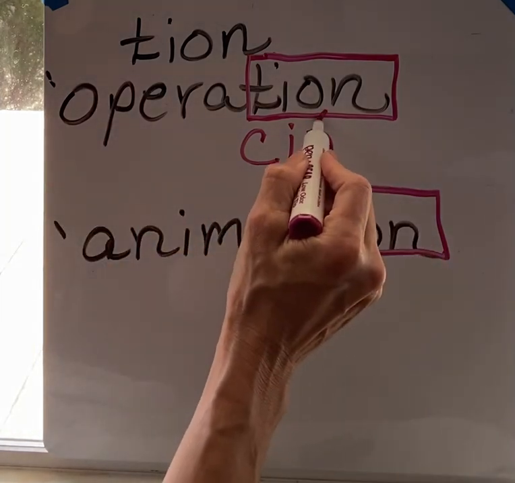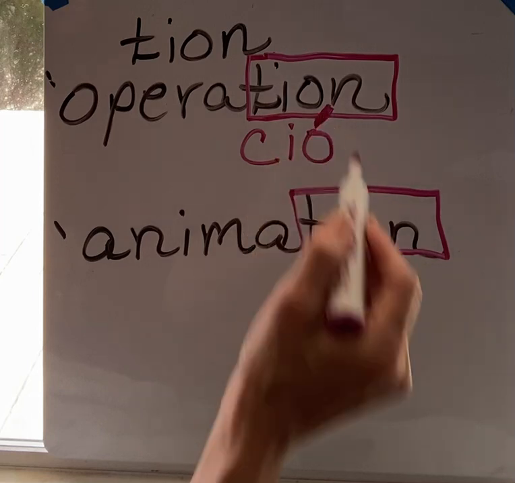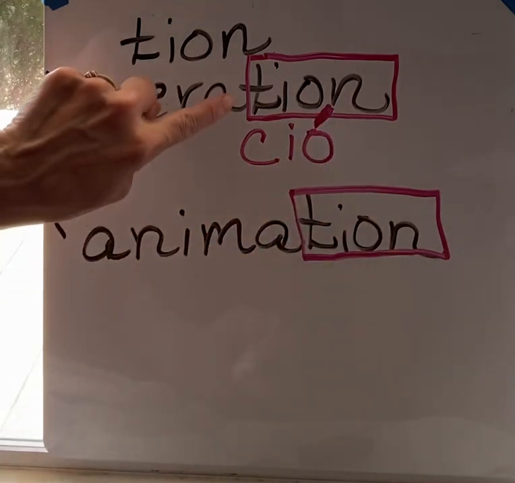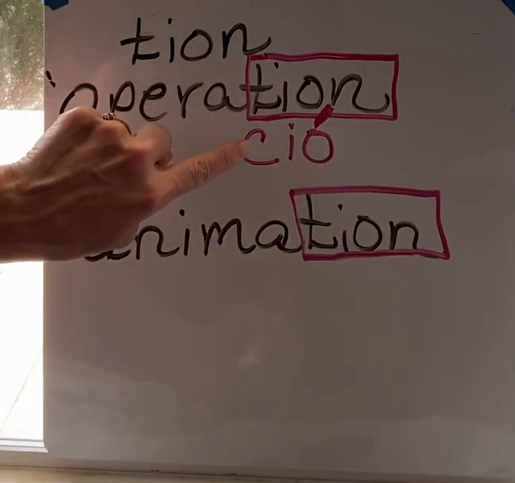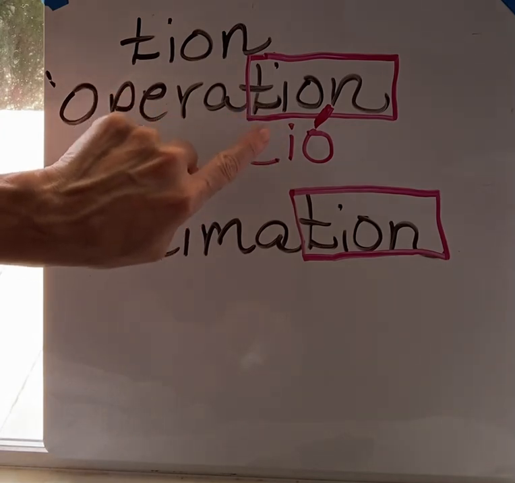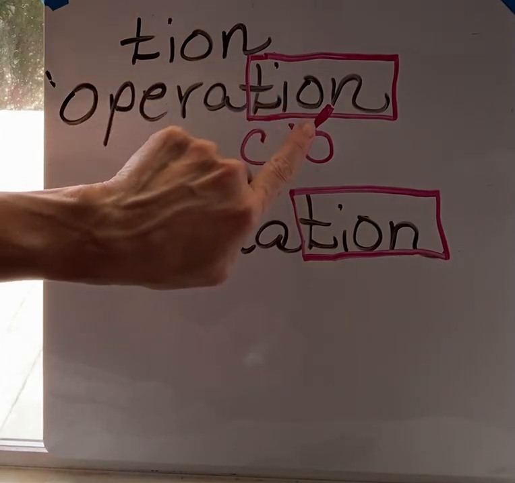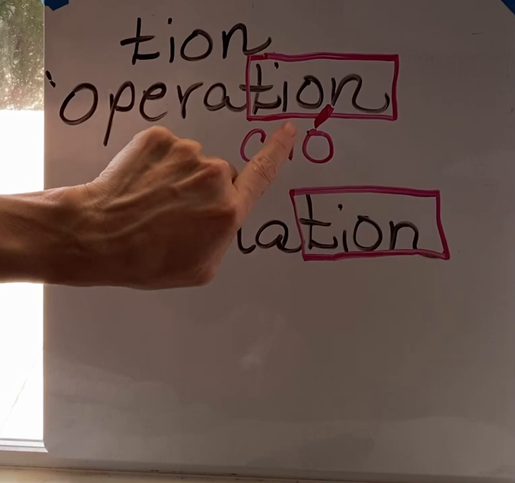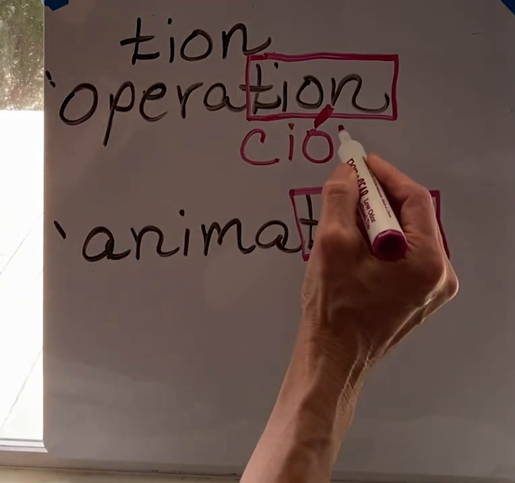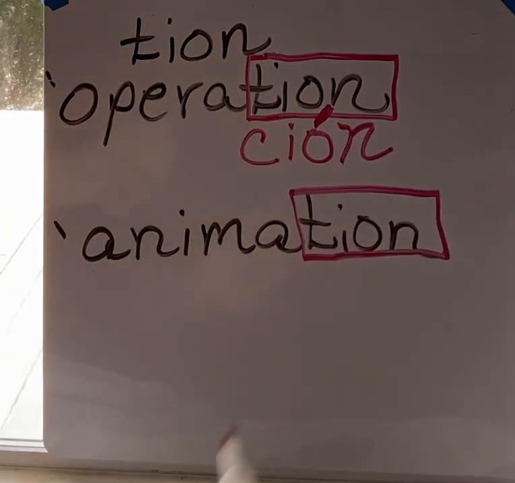It's going to need an accent on that O, okay? So remember, the T, you just change it to a C, follow with the I, follow with the O, but write a tilde right on top of it, and then finish it up with your N.